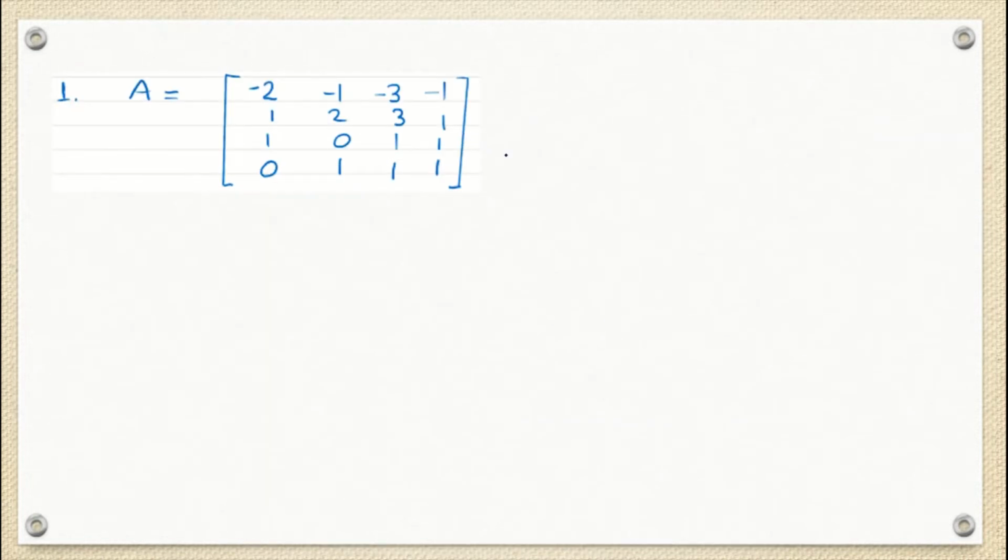Now since we have to reduce the matrix into the normal form, if you remember what we have covered in normal form, to convert the matrix into normal form, first we are going to convert the matrix into the echelon form, right? First we are going to convert the matrix into REF form. Fine. And for converting the matrix into REF form, we are going to use only row transformations.